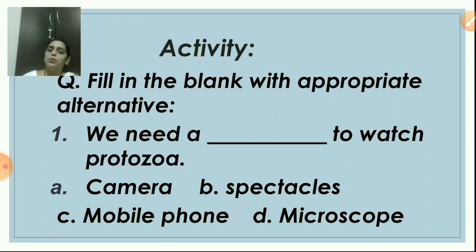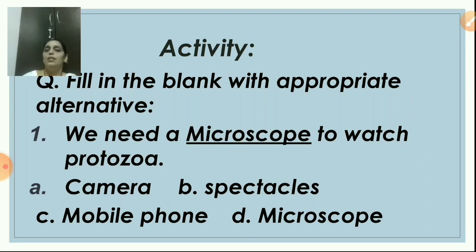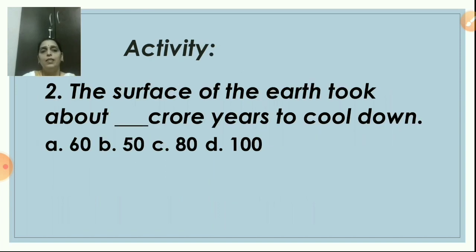So the first question is, we need a dash to watch protozoa. A. Camera. B. Spectacles. C. Mobile phone. And D. Microscope. So what will be the answer, students? Yes, the answer is microscope. We need a microscope to watch protozoa. Now the next.